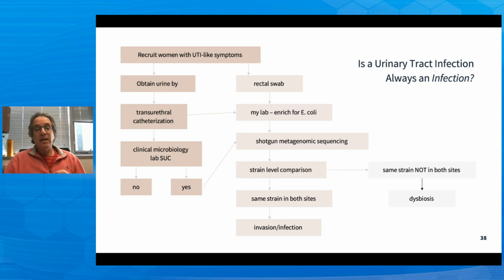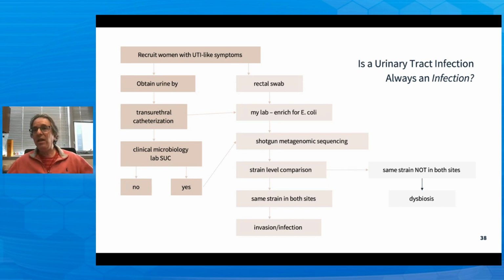So what we're asking is, do you see the same strain of E. coli in the bladder and the rectal samples? And if so, that's evidence that there was an invasion. Okay? You got the same strain of E. coli in both places. But what if we see one strain or a set of strains in the rectal sample and we don't see any of those strains in the bladder? That can't be an invasion.